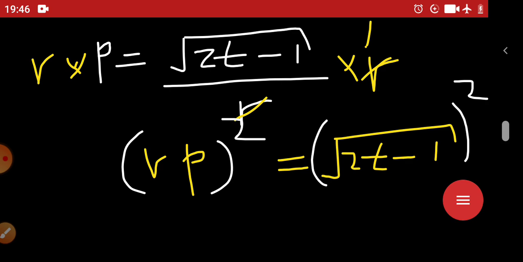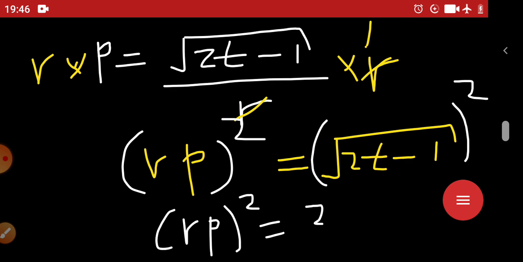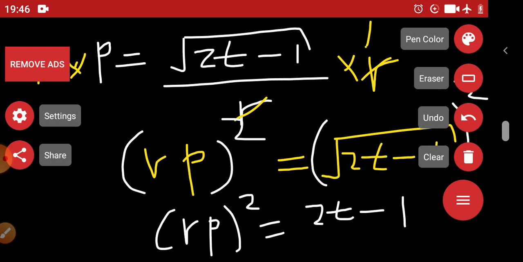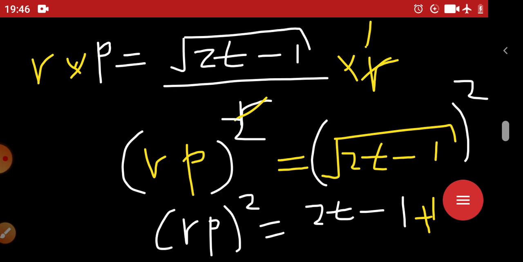From the left hand side we have rp to the power 2, and this side, because we have removed the square root, will be what is inside, which is 2t minus 1. Because we want to make t the subject of the formula, we'll need to add 1 both sides.